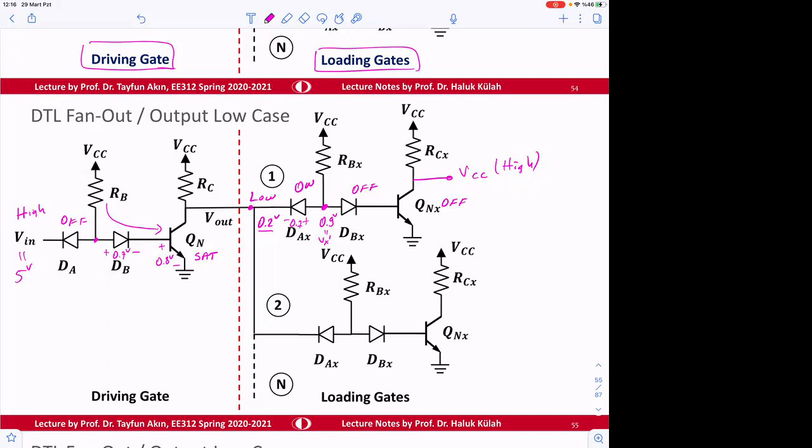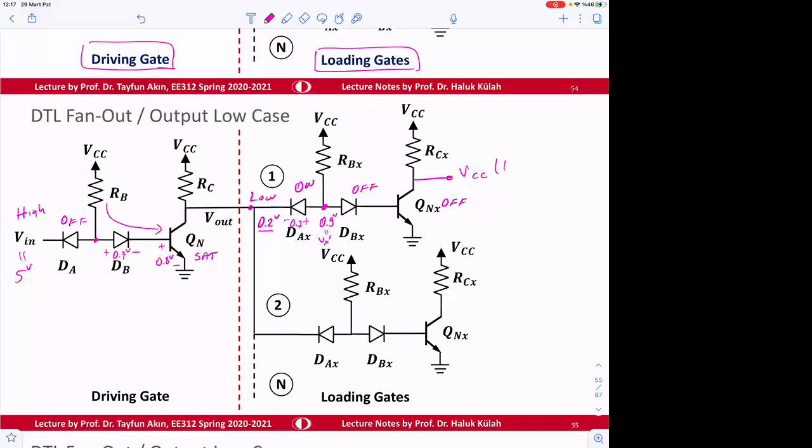So remember, I told you that this is IB, and then this is IC. Maybe I should change the colors here, because I start talking about another subject here. Oops.